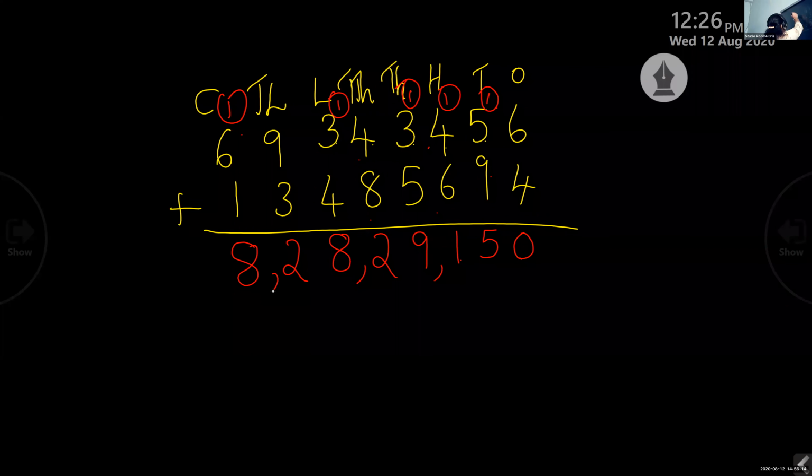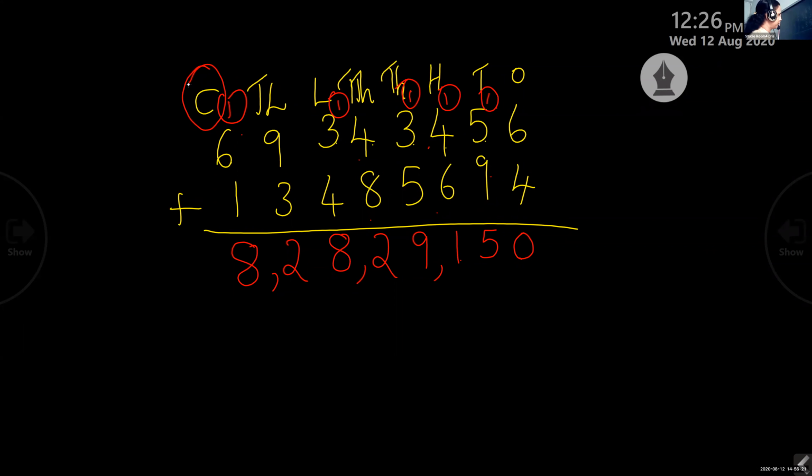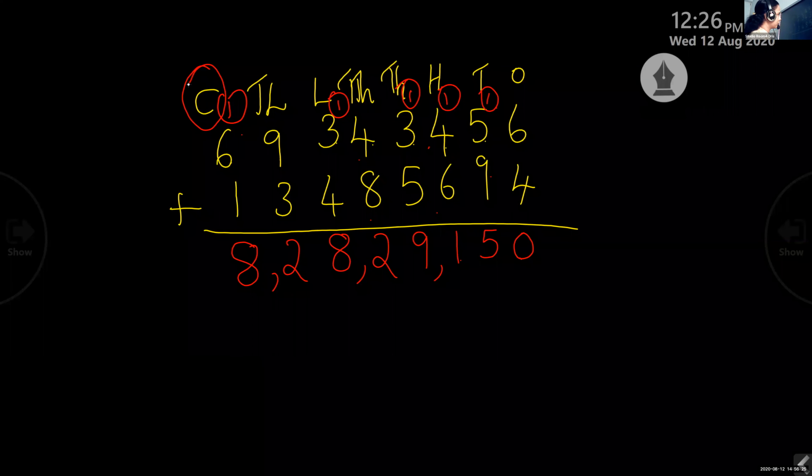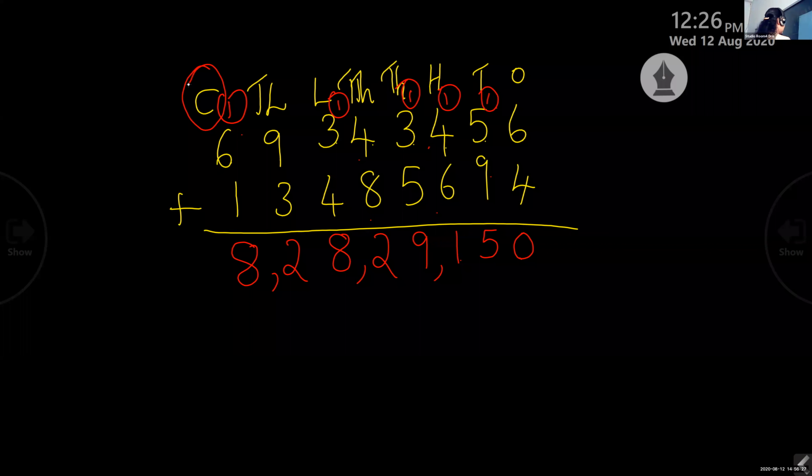Look at here. 8 is in which place? Crore, no? So how to read? 8 crore. Then?